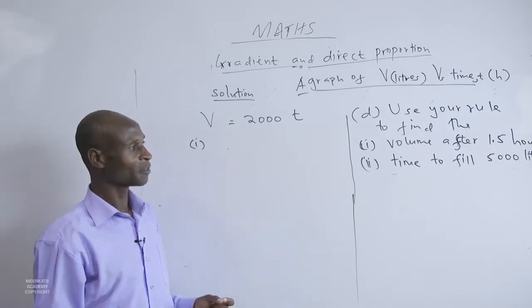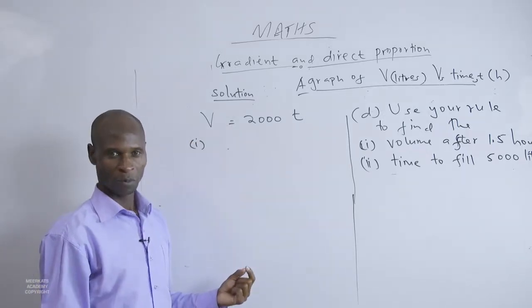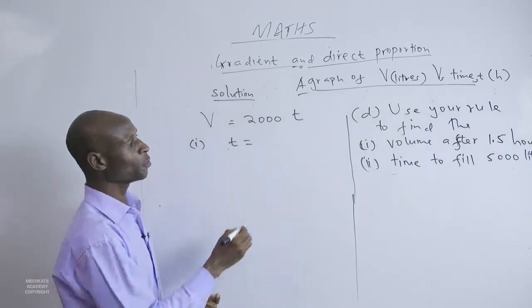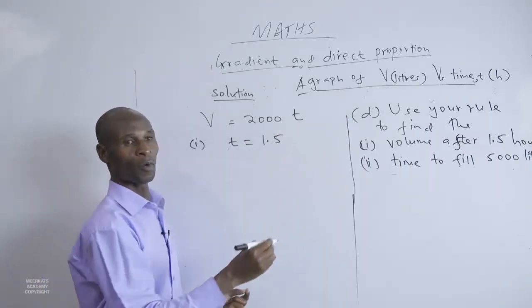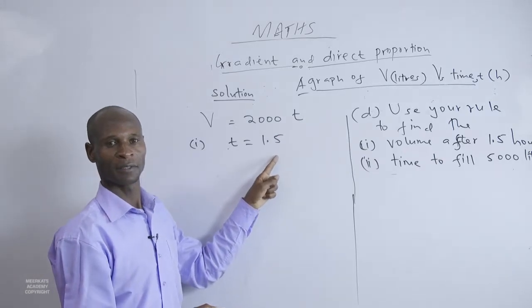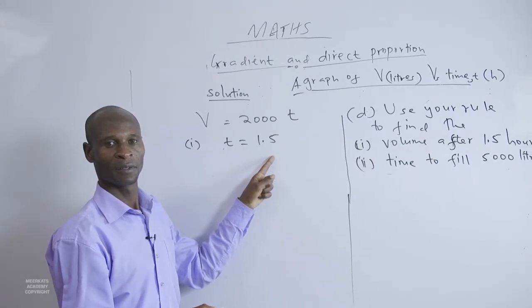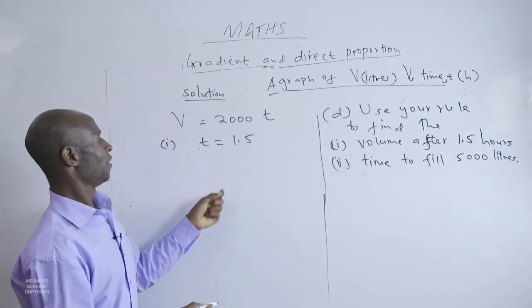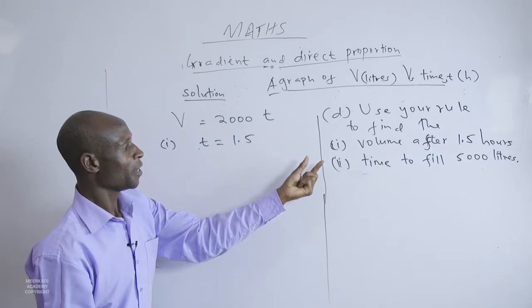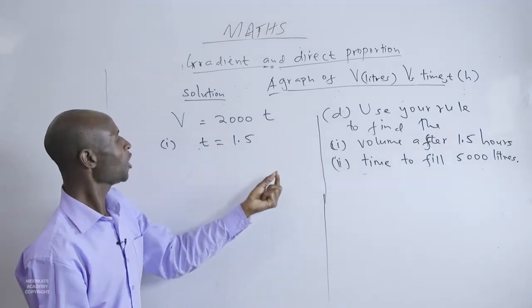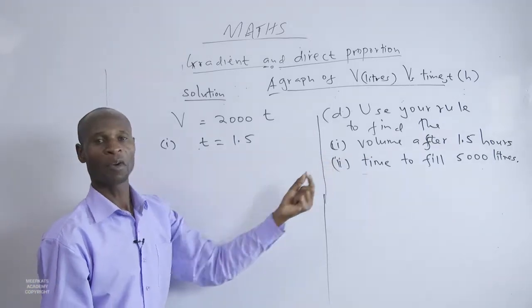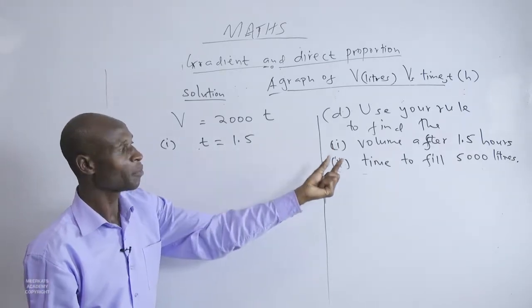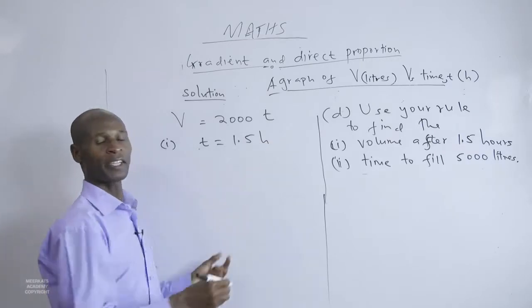In Roman 1, what do we know? We know that t is equal to 1.5 hours. That is the time.